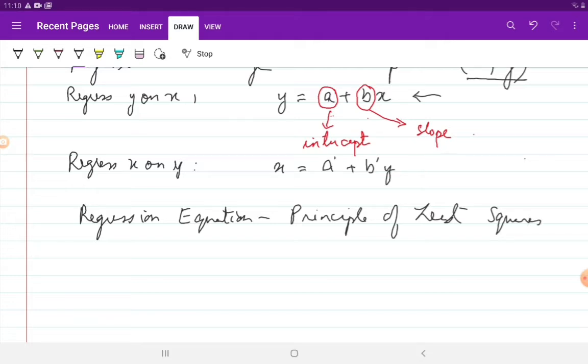We looked at what the principle of least squares means, and how that leads us to two normal equations for the linear function. Remember, for a parabolic function, if you're trying to fit a line of best fit based on the principle of least squares, we had three parameters to be found, which is why we had three normal equations.